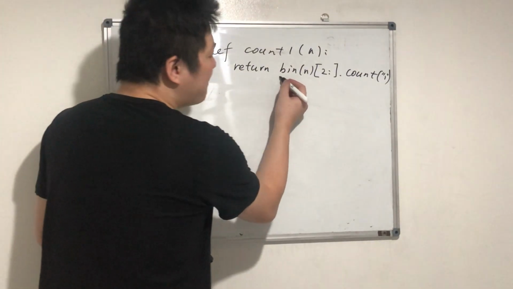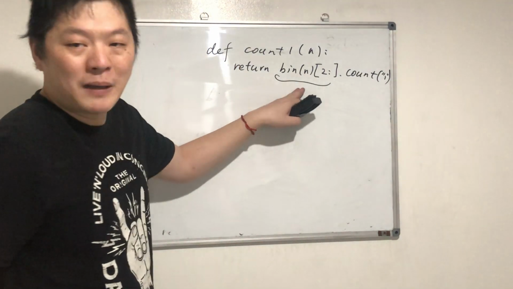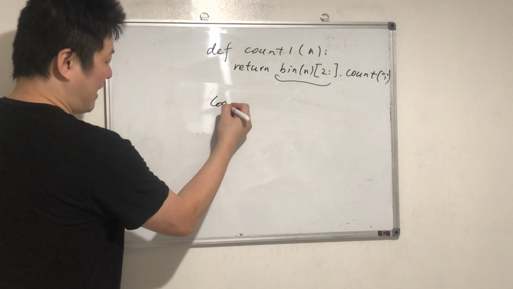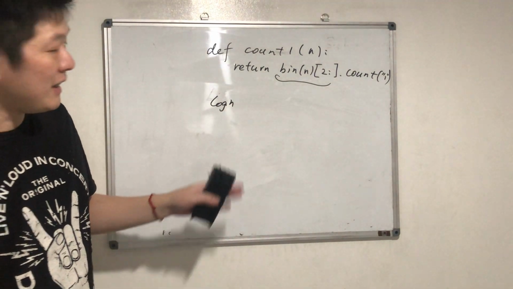Converting numbers to binary is log n, right? And then counting.